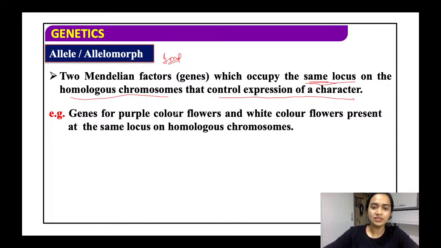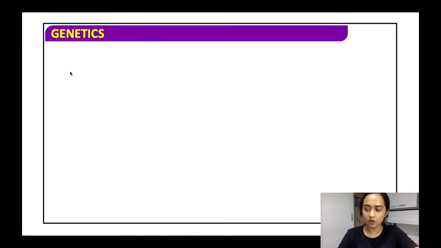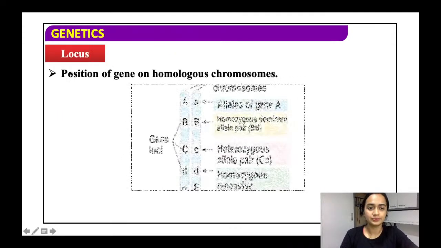For example, the genes for purple flowers and white flowers are located at the same locus of the homologous chromosome. See, here the position in the chromosome for both the traits is the same.